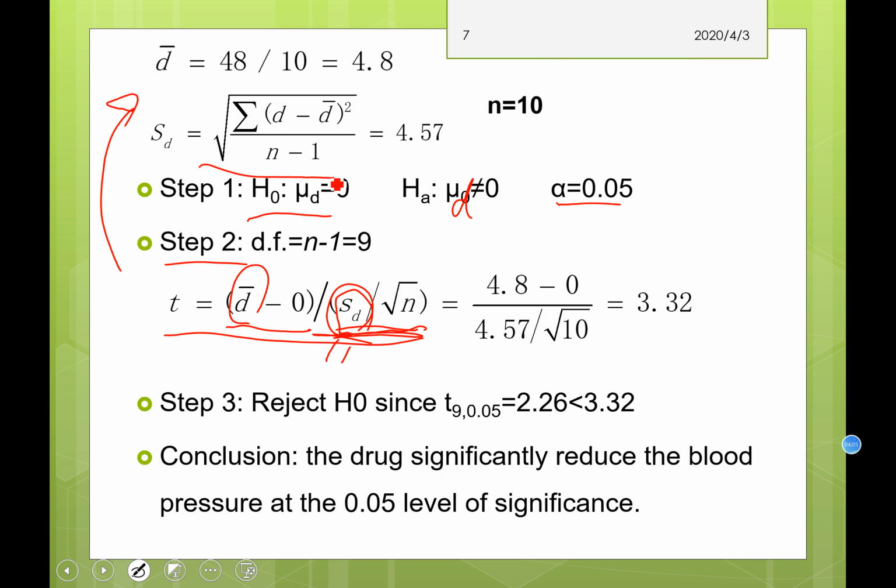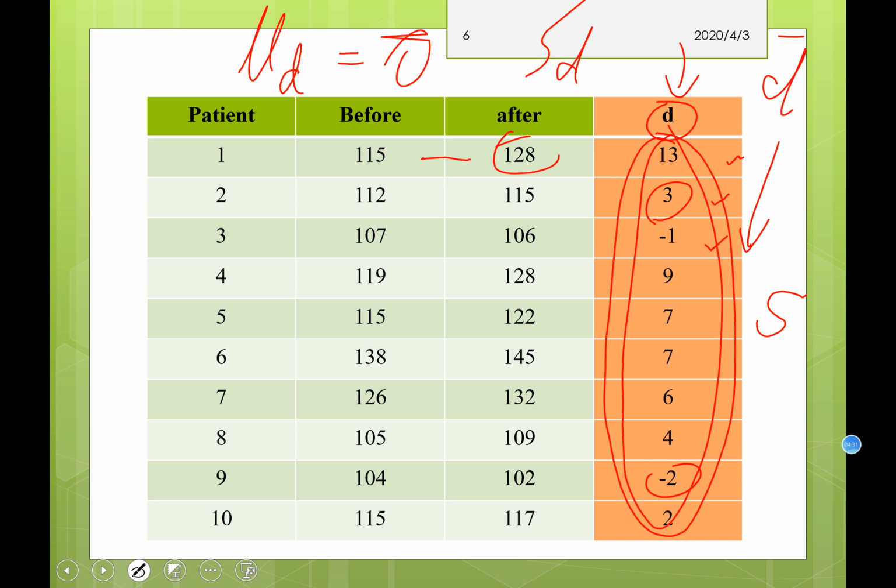This is the formula, so this is the standard deviation of difference. And in this part, d minus d bar, d bar is what we have calculated in the last step. And what's the meaning of d? That means every number in these 10.